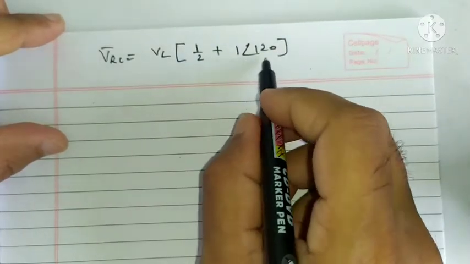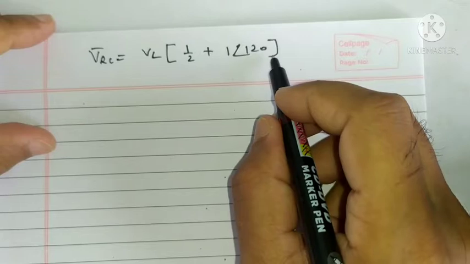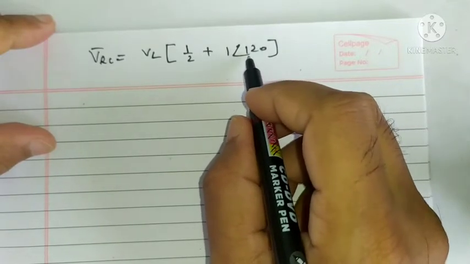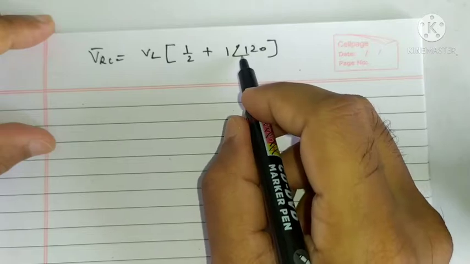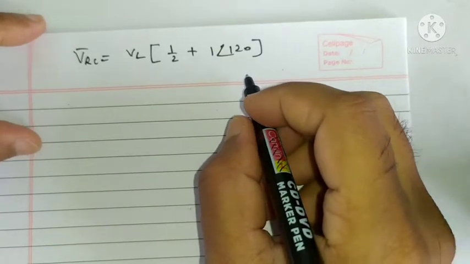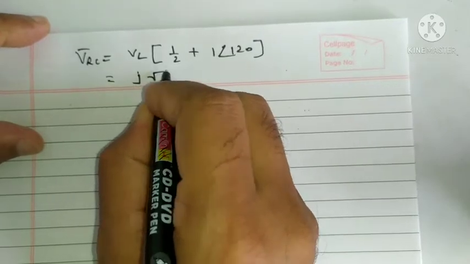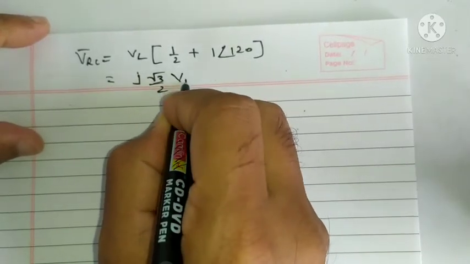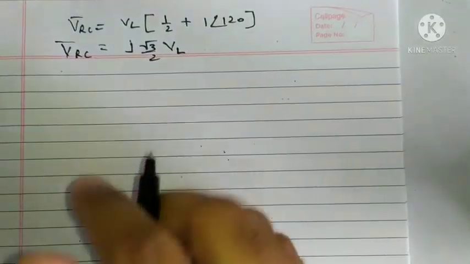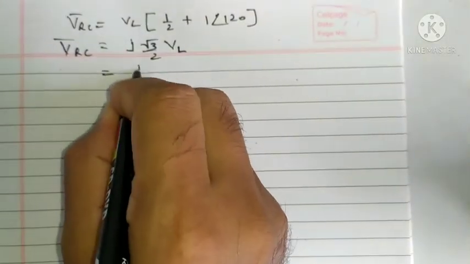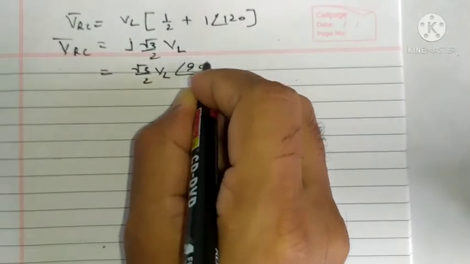We know it will expand as 1 cos 120 plus j sin 120. Cos 120 is minus half, so half and minus half will be cancelled, and sin 120 will be root 3 by 2 j. So I can write here it is j root 3 by 2 VL, that is VRC, and that is nothing but root 3 by 2 VL at an angle of 90 also.